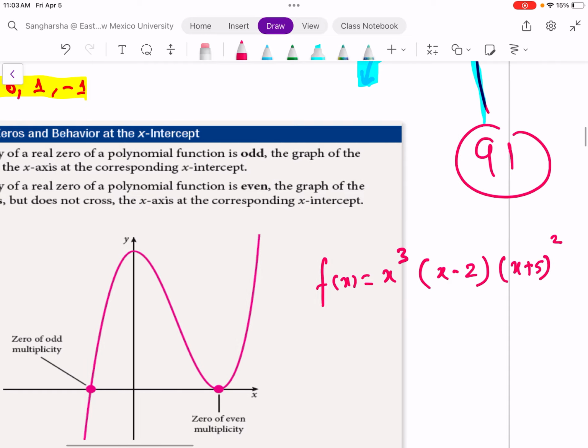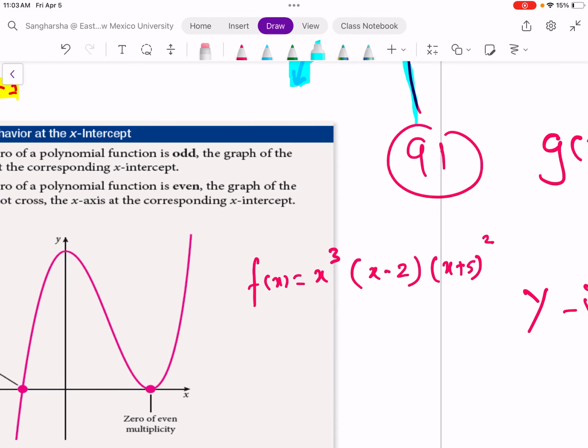We have x, x minus 2, and x plus 5. How many times is x repeated? 3 times, since x cubed means x times x times x. The exponent of x minus 2 is 1, and x plus 5 is repeated 2 times. These 3, 1, 2 are the multiplicities.